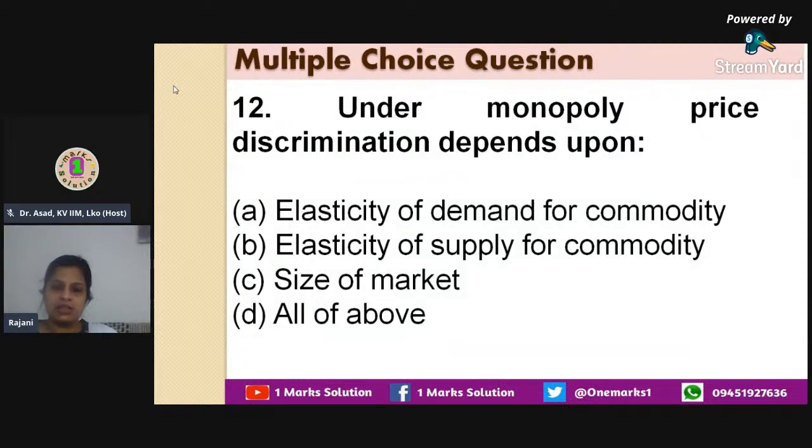Price discrimination depends on the elasticity of demand for the commodity, or the supply of the commodity, where supply means they are only producing and supplying, or the size of the market, or all of the above. Definitely the answer is elasticity of demand for a commodity.